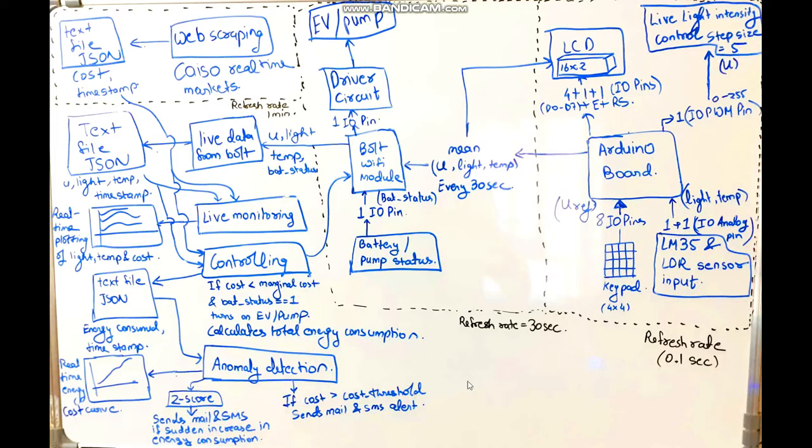It is fluctuating, but in case there are some market issues or faults, the price can go up to 100, 200, 300. So I have kept the threshold cost at $50 per megawatt hour. If the cost goes above that, it will send an SMS and a mail alert to the user.